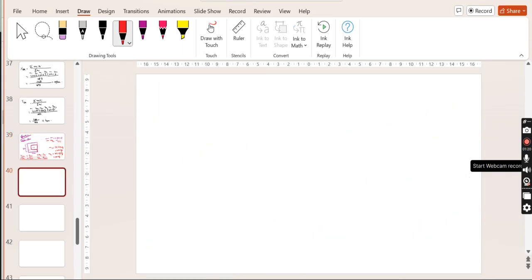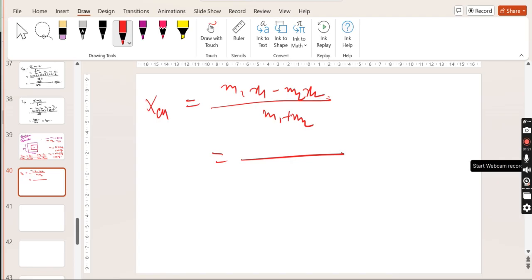Now, the x coordinate of the center of mass of the whole system will be m1 x1 minus m2 x2 by m1 minus m2. That will be 400 into 5 minus 120 into 7 by, this is also minus, 400 minus 120.